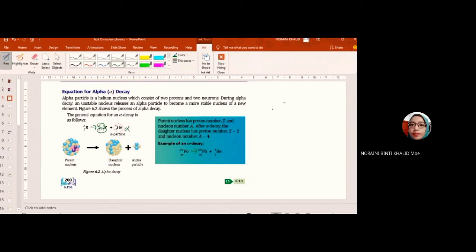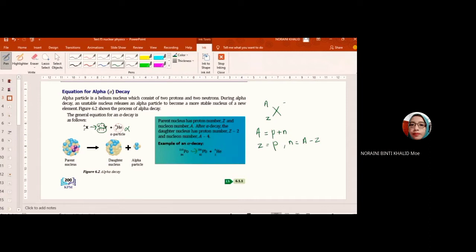Let's say we have element X. The nucleon number is A, the proton number is Z, where nucleon number is equal to proton plus neutron. Z is equal to the proton number. So if you want to calculate the neutron number, N equals A minus Z. So we get the neutron number.